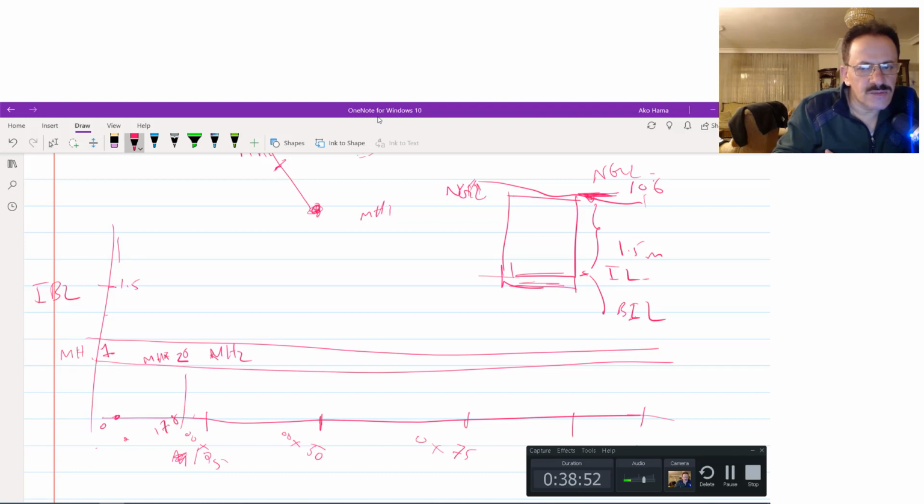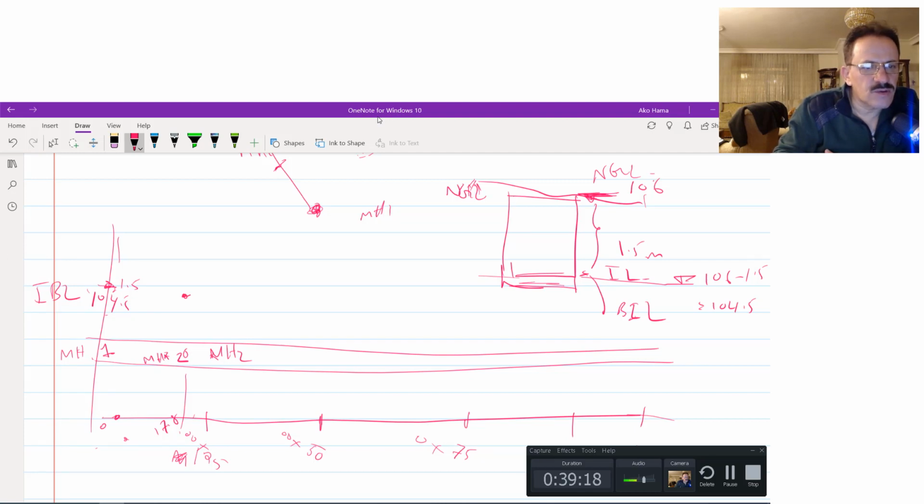The level here will become 106 minus 1.5, so it's 104.5. So the invert level of manhole 1 could be 104.5.